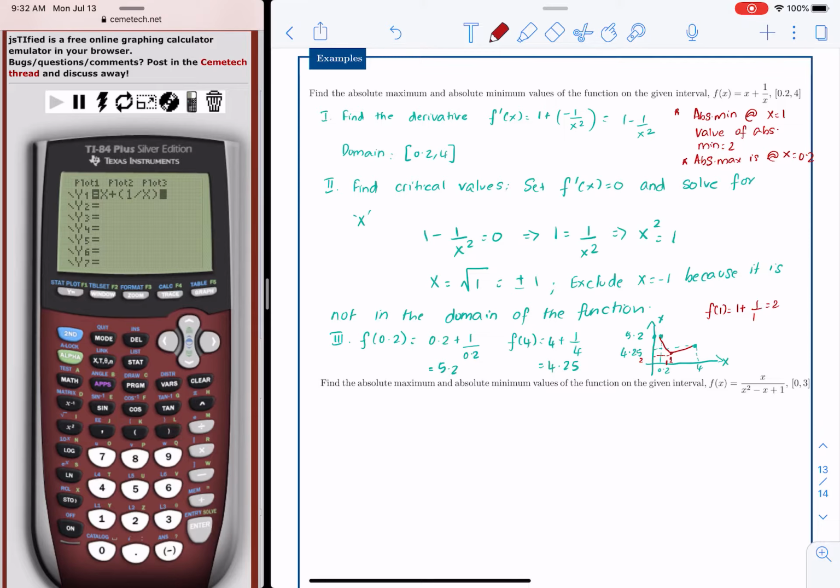Now we will evaluate the function at the critical number and see what happens. So 1 over 1 squared minus 1 plus 1, we get 1. So when I graph this, I start at 0, and when I get to 3, I end up going to 0.42857, and at the critical number, which is 1, I am reaching 1.